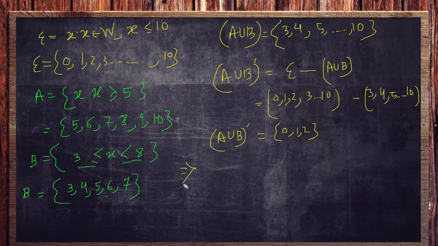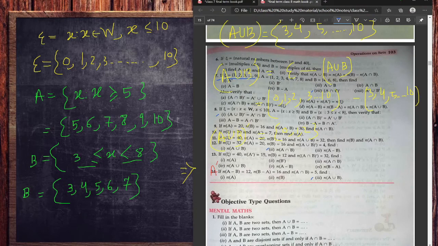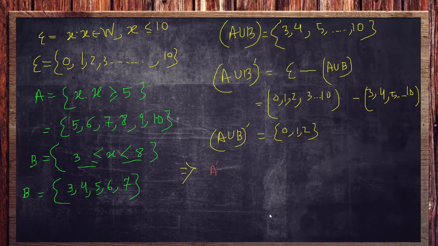Now coming to the RHS part, let me change the color for that. Okay, so we need to do A, I think it should be intersection. So let me check once. Yes, so it is given as A dash intersection with B dash. And before that we need to find A dash and B dash first. Okay, so let me erase for this time right now.